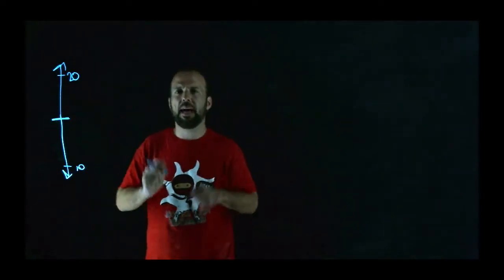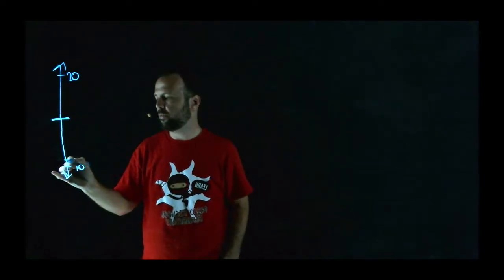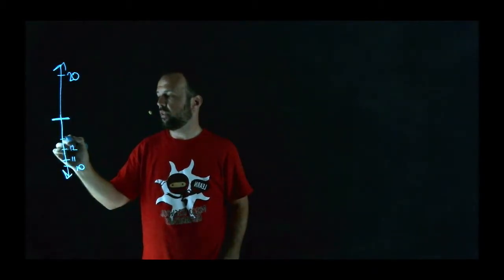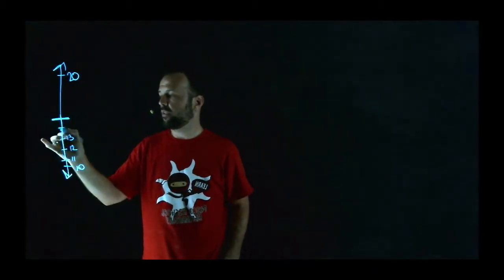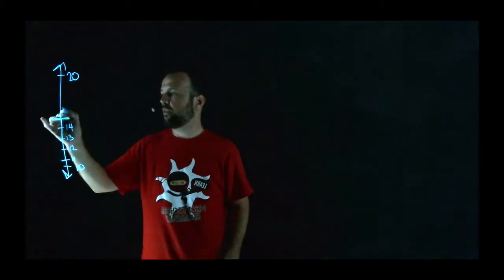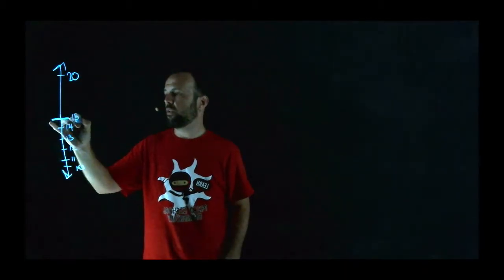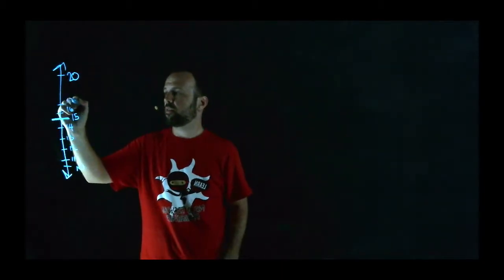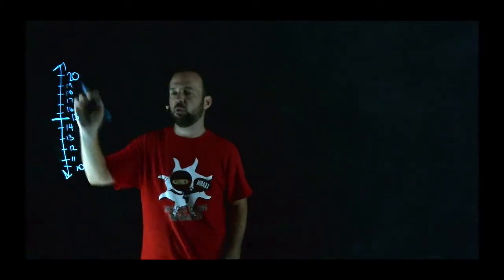Well, if we think of this as a ladder, and we're climbing up a ladder, first we'd have to get to 11, and then 12, 13, 14, and then this guy in the middle here would more than likely be 15, 16, 17, 18, 19, and then up to our 20.